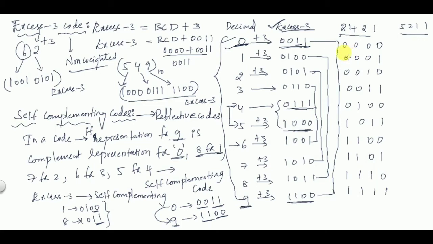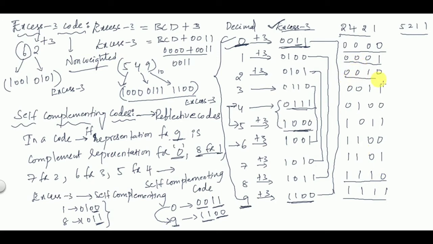If you observe, the code for 0 is all zeros and the code for 9 is all ones, so they are complement codes. The code for 1 is 0001 and the code for 8 is 1110. So they are complement codes.